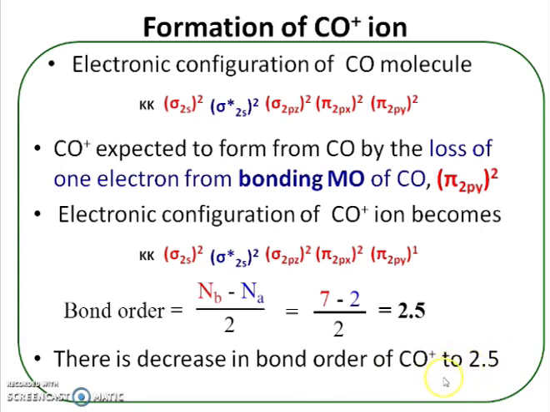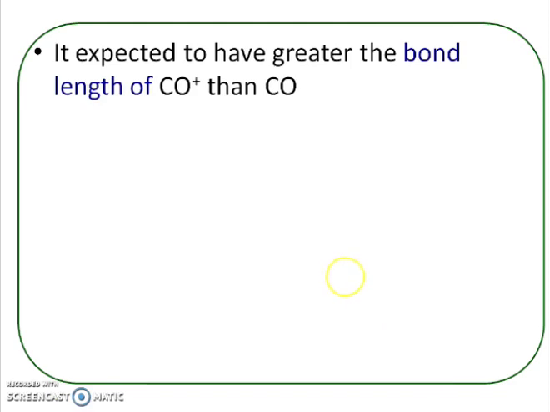Actually, bond order and bond length are in inverse proportion, and as the bond order of the CO plus ion decreases, the bond length of CO plus should increase. It is expected to increase because there is an inverse proportion.